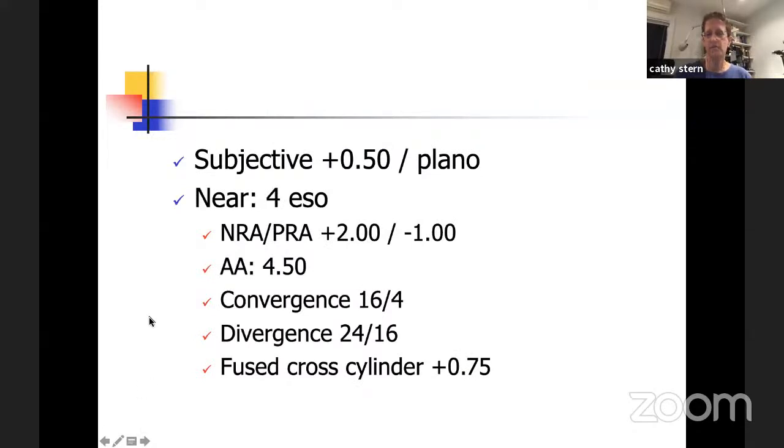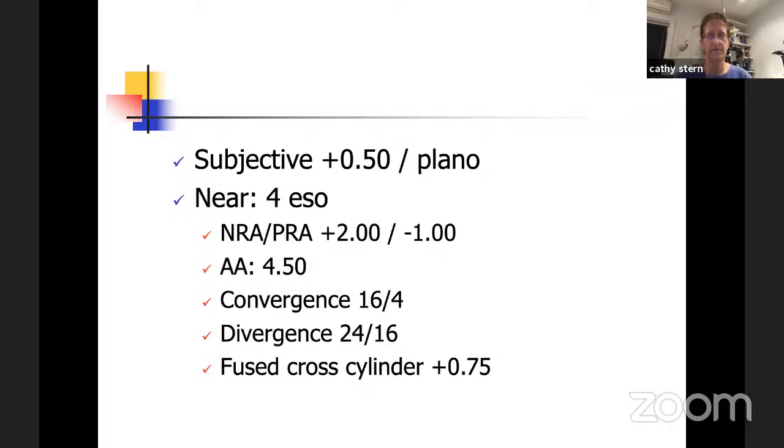So when I do a subjective refraction, he's plus 50 in one eye, he's plano in the other eye. But when I look at near, he's 4 of ESO. Well, he should be ortho or even low exo, probably 4 to 6 exo. When I do plus and minus to blur, he does pretty well on the +2, but he only gets to -1.